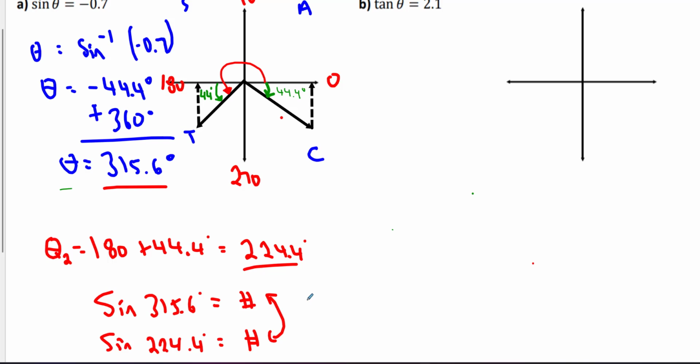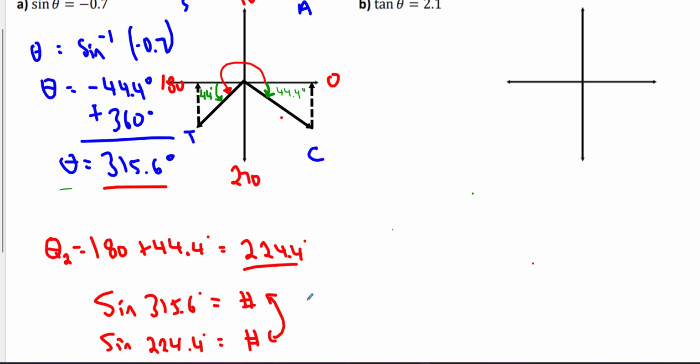Why do I say relatively close? Because we're not writing exact values, we're writing decimal values. So whenever you write decimal values, you're always approximating, getting an answer that's close but not exact. So the numbers may not be exactly the same, but they will be very close.